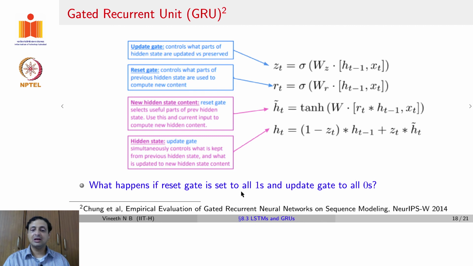To understand this further, let's ask this question: what happens if the reset gate is set to all ones and the update gate is set to all zeros? Let's try to analyze this. If the reset gate is set to all ones, this would just remain h_{t-1}. There would be no impact there. If the update gate is all zeros, the second term would disappear because all those terms would become zeros.